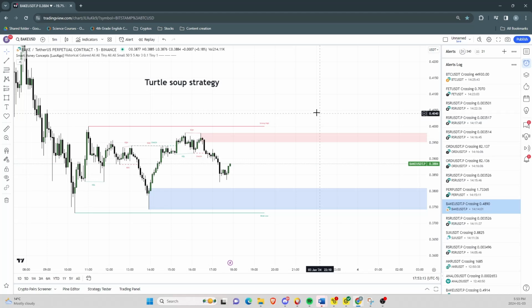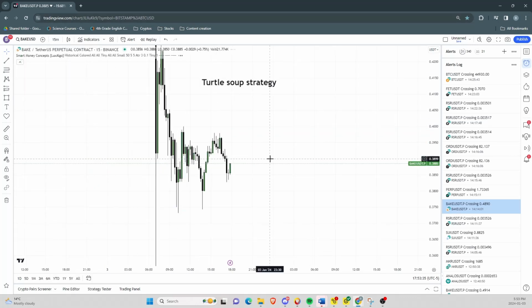So what do we do now? How do we trade this? Let's say we are going to trade the 5 minute chart, and now we're going to look for long positions or short positions. So when do you go for a proper short position? Let me tell you. Here you have a strong OB.